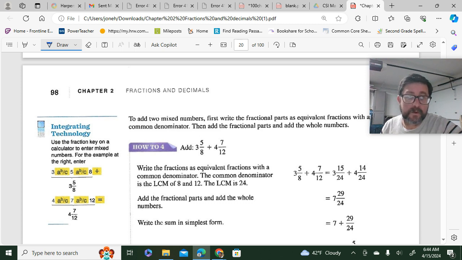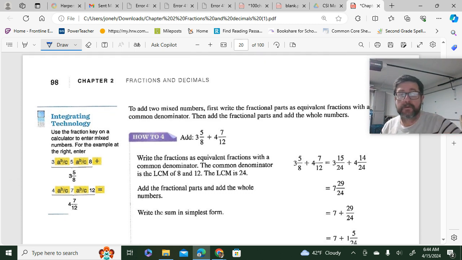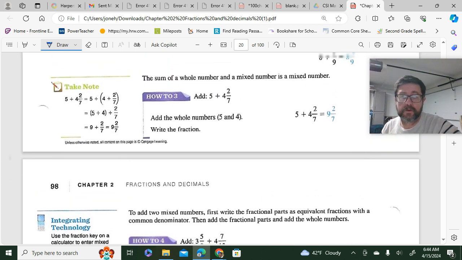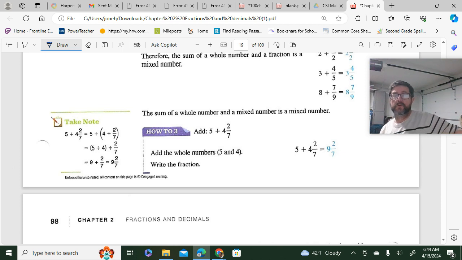This integrated technology portion is showing you what I am going to show you right now. So we go 5 plus, and we hit 4.